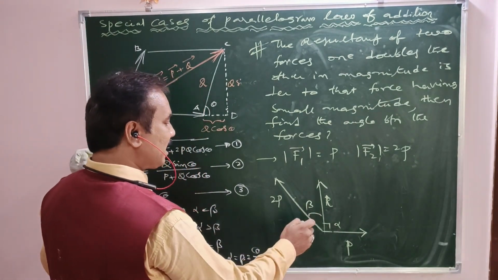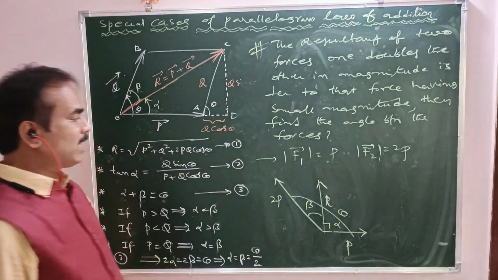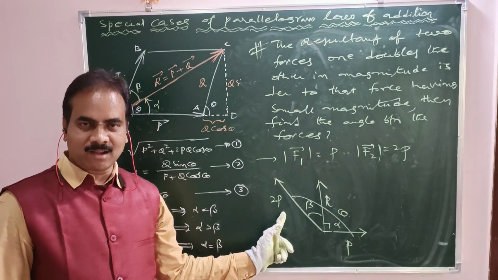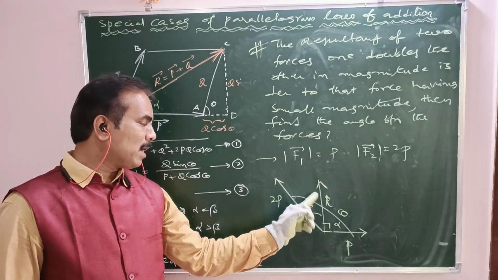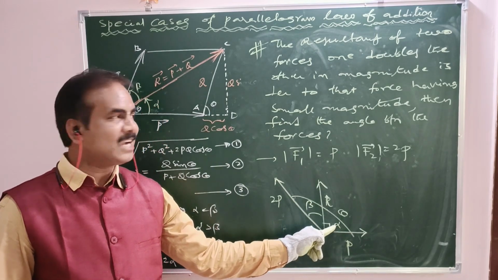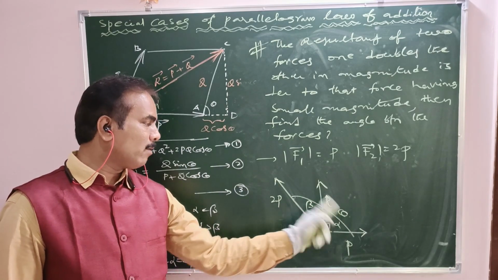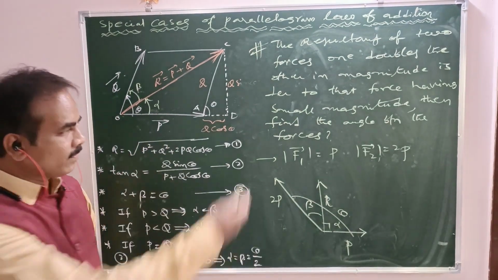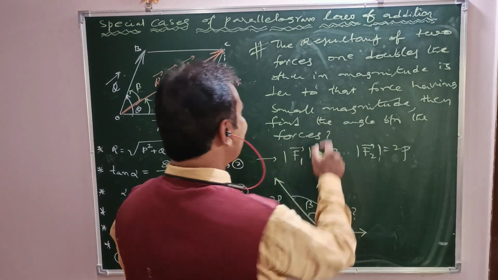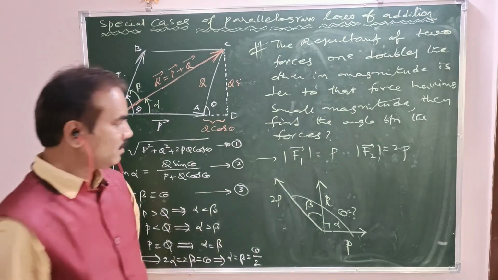Alpha plus beta equals theta, the angle between parent vectors. These two are parent vectors. If you add alpha and beta, we get the angle between parent vectors. That is the ultimate question here: what is the angle between the forces, between P and 2P?